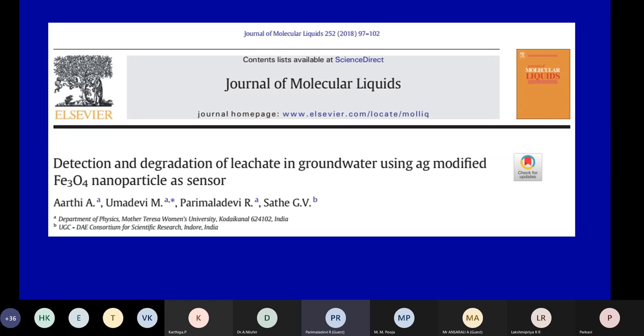We take that leachate and try to identify what compounds or pollutants are present in it, and we also try to degrade that pollutant. That is our next discussion, and this work was published in the Journal of Molecular Liquids.